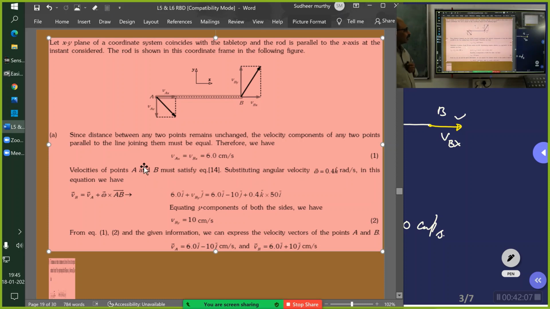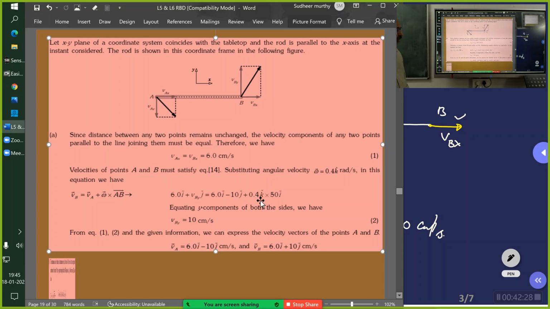So the first approach, what we have done. Don't go on reading everything. The first approach we have got is this. The second approach is, I think, better. This is also a good way of doing. It is written in the vectorized form. So V bar is written, VA bar is written, omega bar is written.